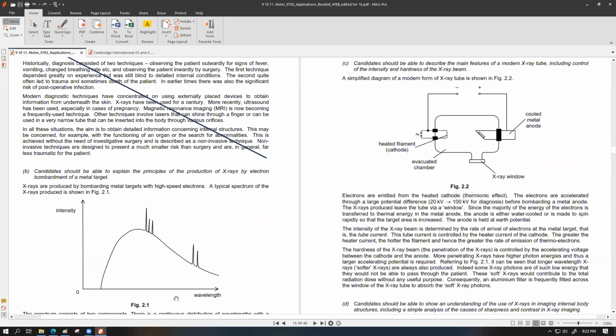Most of them will undergo multiple stages of deceleration, and each of these decelerations is going to produce one individual extra photon. The energy of this extra photon could be of any value, depending upon how much deceleration that incoming electron was experiencing.